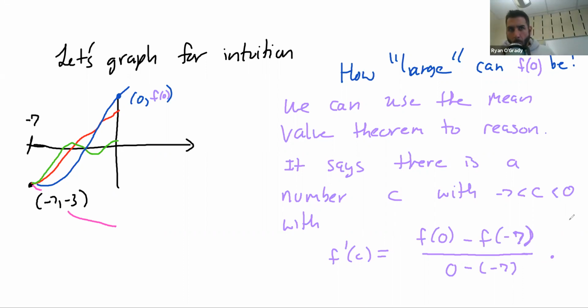So let's plug these things in on the next page. f prime of C is equal to f of 0, now minus f of -7, but that becomes +3. And then downstairs, it was 0 minus -7, but that becomes +7.